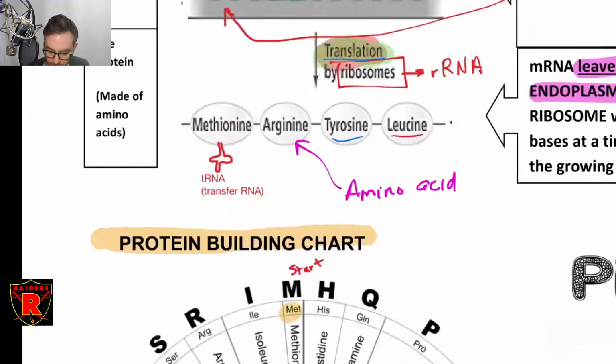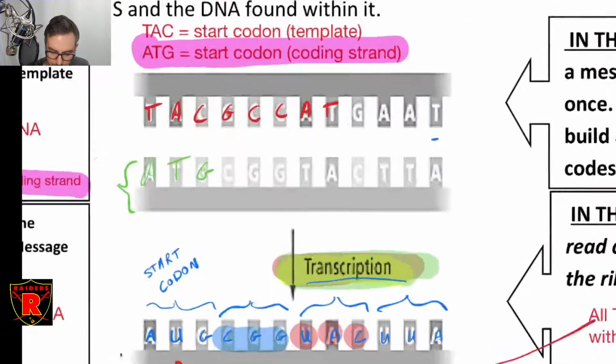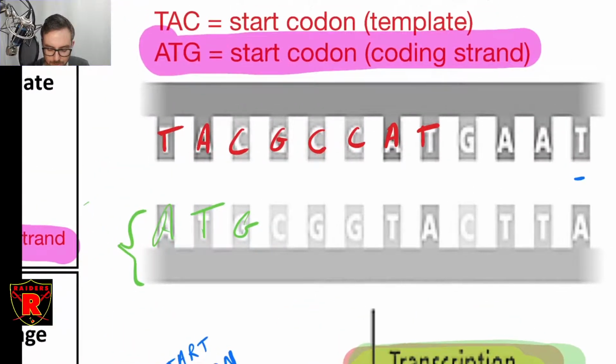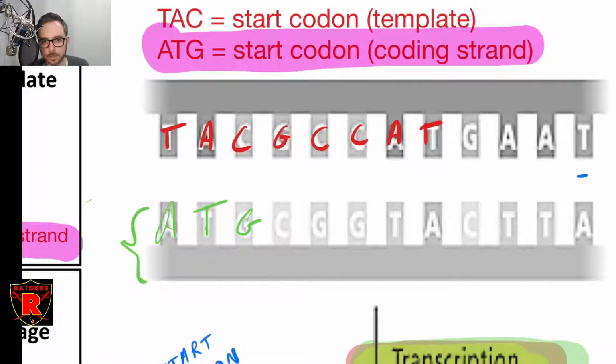So just in very brief here, then to reiterate, you start with your DNA, which is double-sided. You unzip it, and you make a complementary strand to the template. Okay, in this case, the template is shown on top, and you go through and you make that complementary RNA, mRNA, to the DNA.